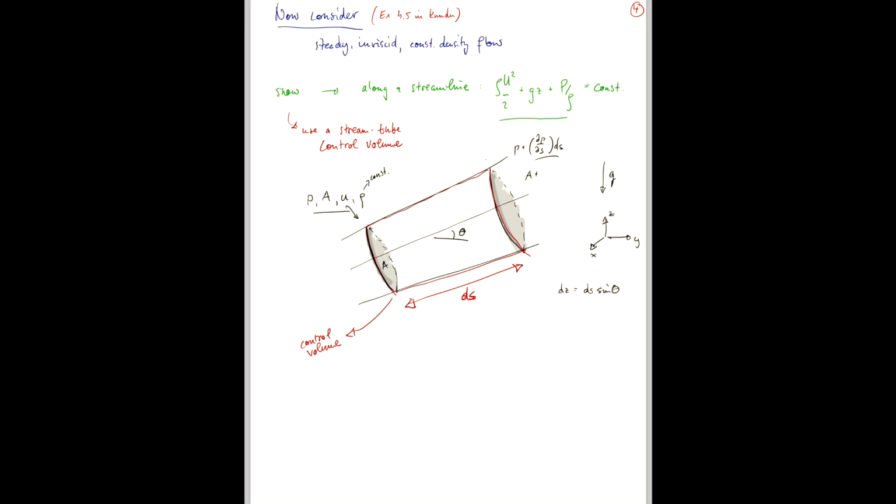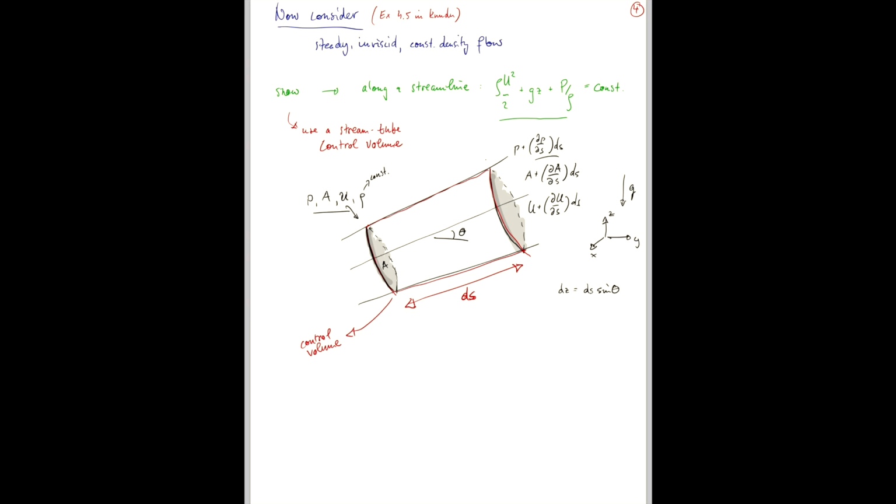So then A plus dA/ds ds is our change in the area, and the other thing that's going to change as a result is our velocity u. And this is capital U plus du/ds ds. So this is the geometric setup that we'll consider.